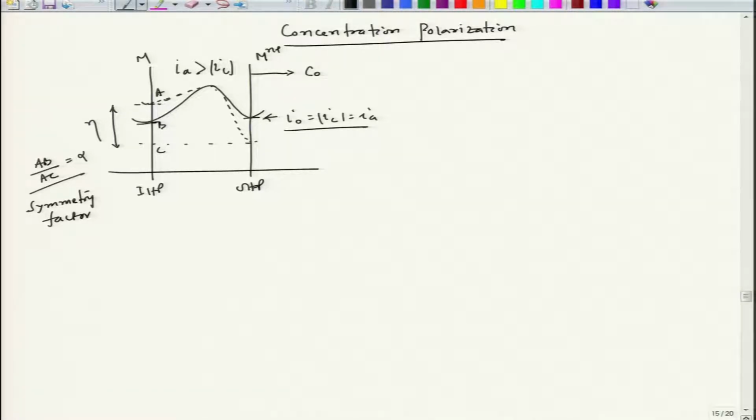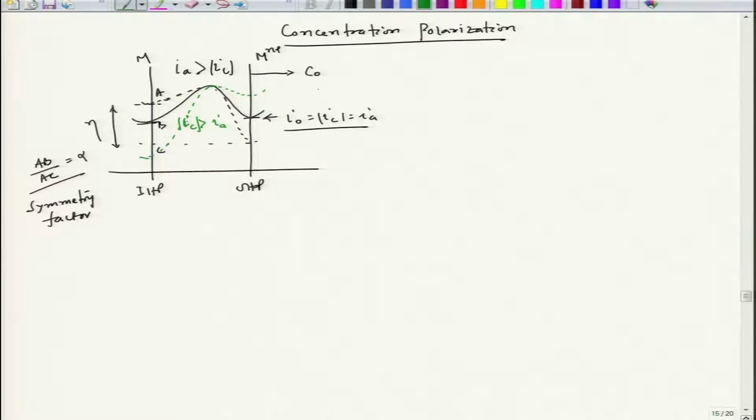Now, even if I do it for IC greater than IA, the plot will be like this. This is the green color for the situation IC greater than IA.